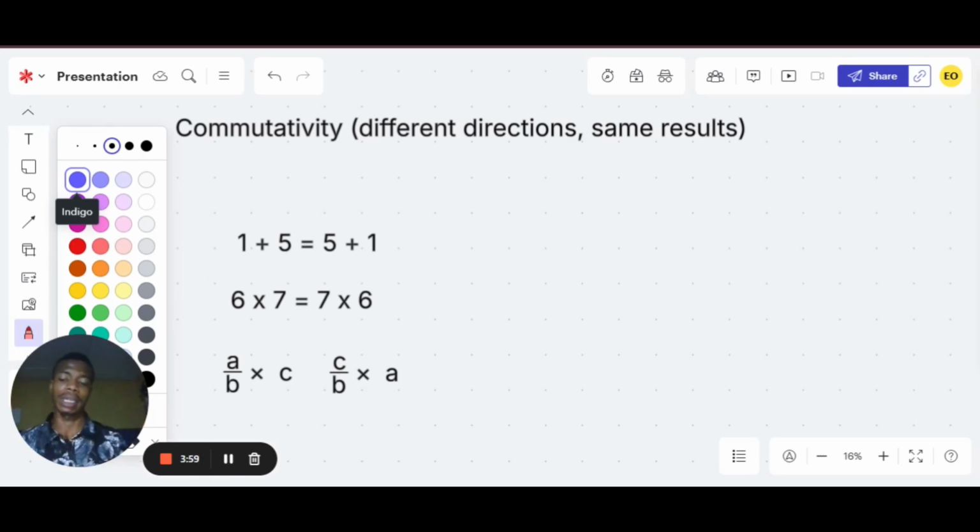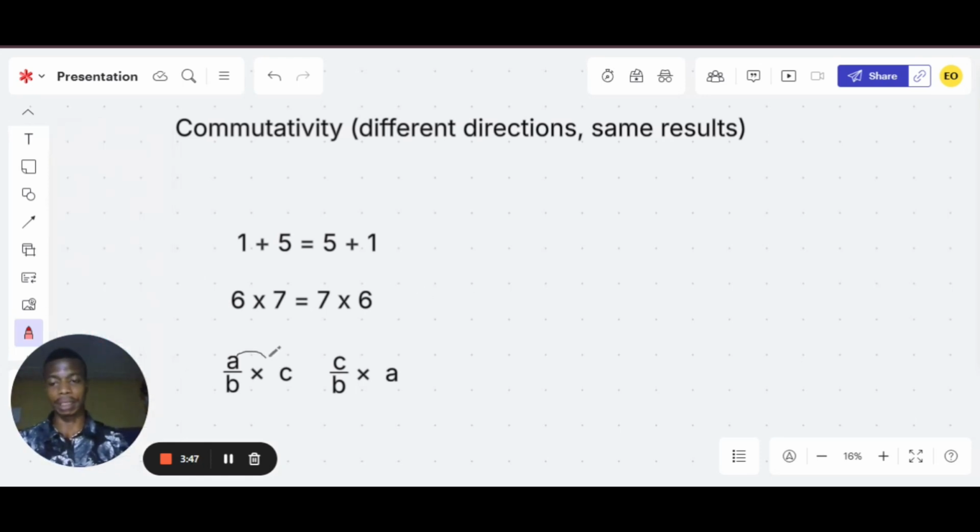Commutativity also occurs in the case where we say A over B times C, and C over B times A, because in this situation, you're going to multiply the numerator A by C. And what do you have when you multiply A by C? You have AC, which is the same thing you get when you multiply C by A. You have AC.